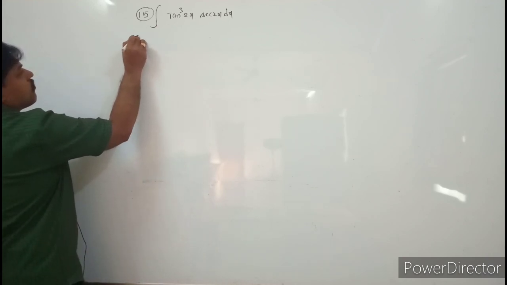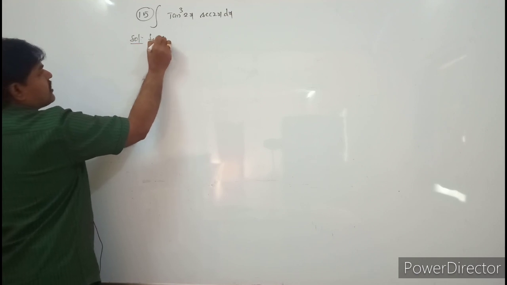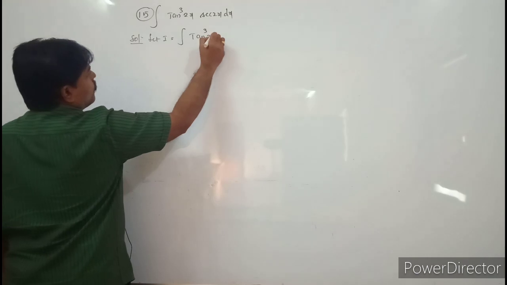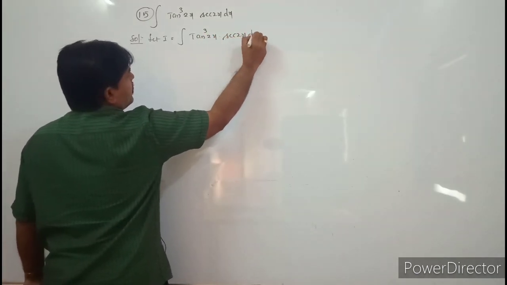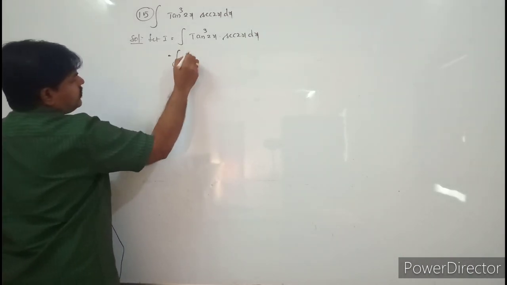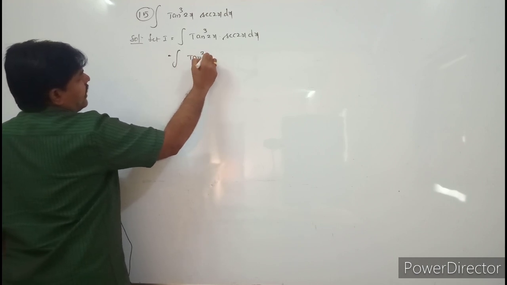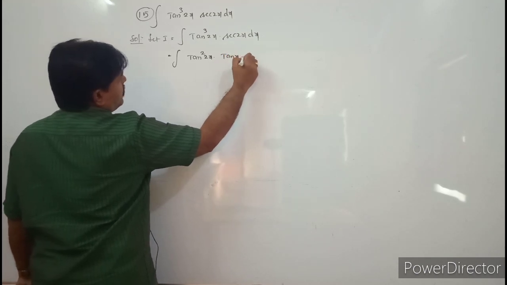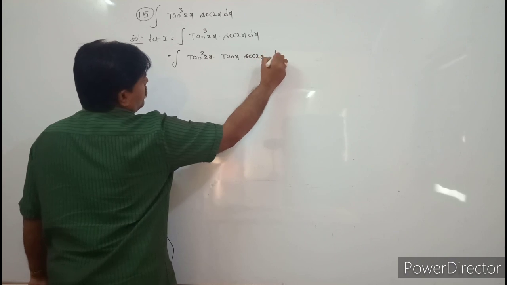First let I is equal to integral of tan cube 2x into secant 2x into dx. Here we will write this tan cube 2x as tan square 2x into tan 2x into secant 2x into dx.